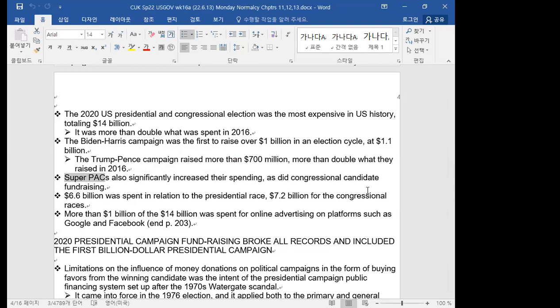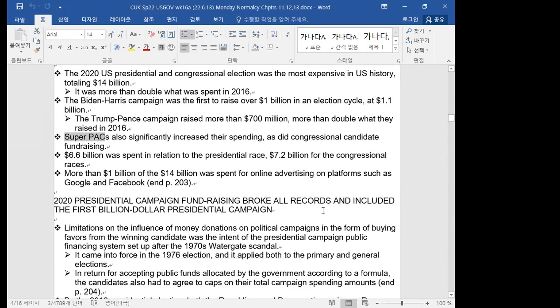But they can buy campaign advertising time for their issues that clearly indicate who you should support in the election, even though they're not officially coordinating with the campaign of a politician. Even though they are working for particular politicians, they are not formally coordinating their campaign efforts with the presidential campaign of an official candidate for office.